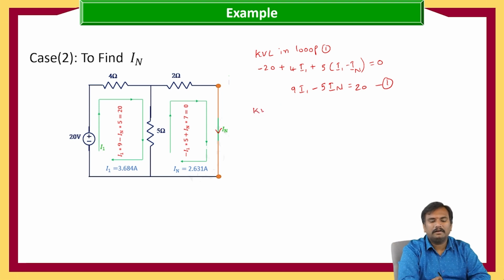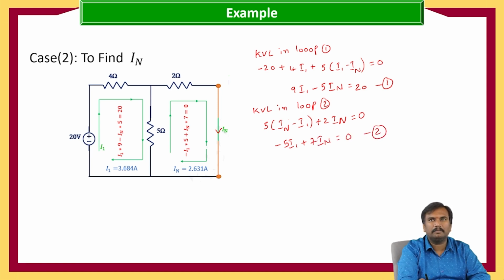Now KVL in loop 2. Here only two resistors are there, 5 ohms and 2 ohms. So 5 into I2 minus I1 plus 2 into I2. Let us consider this I2 as IN, which is equal to 0. That is equal to minus 5 I1 plus 7 IN equals 0.